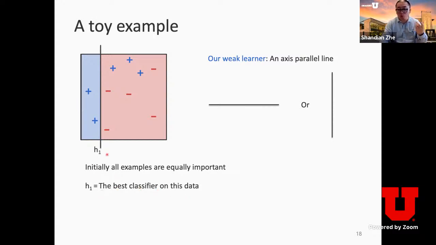It turns out that h1 is a vertical line, and when it is placed here, we get the best training accuracy. And then we should look at how much error it makes in predicting the training examples. So how many examples did h1 fail to predict?